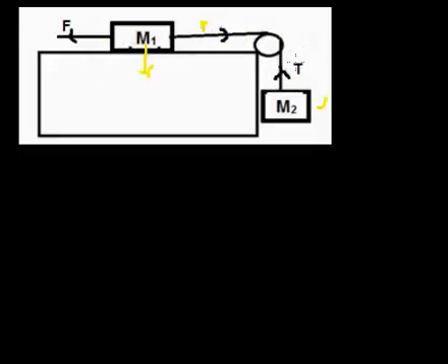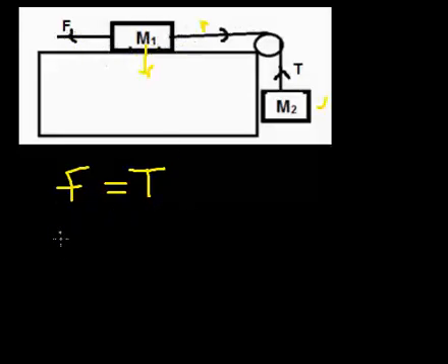As you can see, this string is being pulled by m2, so there's a tension pulling this. So we can simply say that the frictional force on m1 is equal to the tension. Remember, both frictional force and tension are opposite. Tension is moving the body, frictional force is acting against it. So frictional force is equal to the tension.